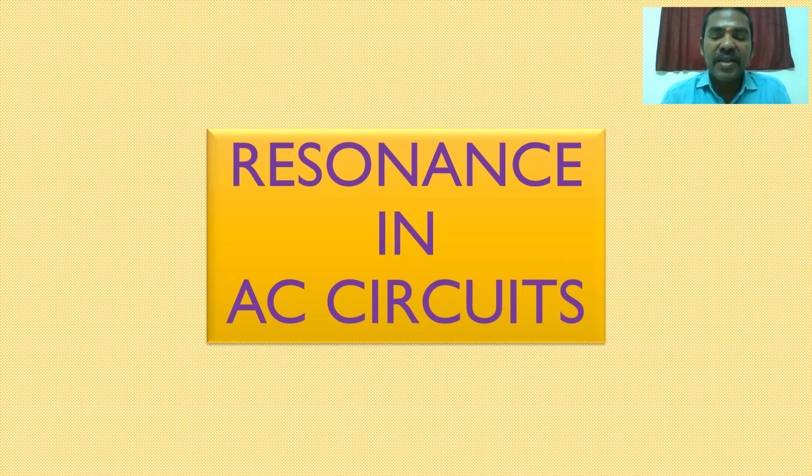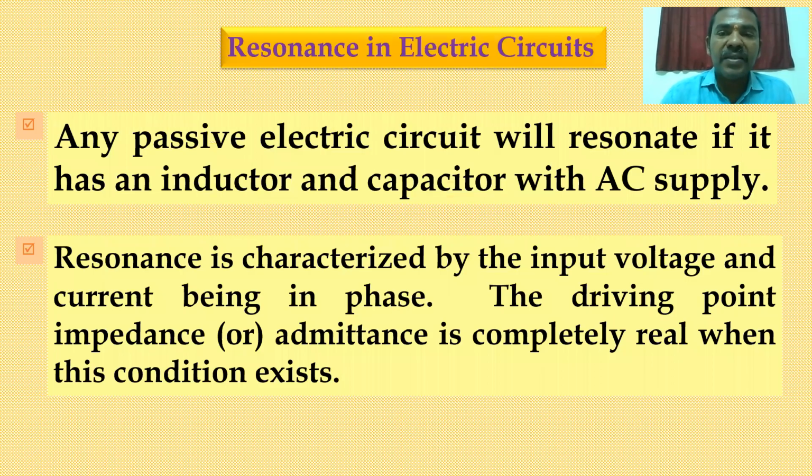Under that condition, the total impedance must be a pure resistance. That means the net reactance value must be equal to 0. At the same time, the value of current must be somewhat higher compared with the normal condition of a supply given to the electrical network.